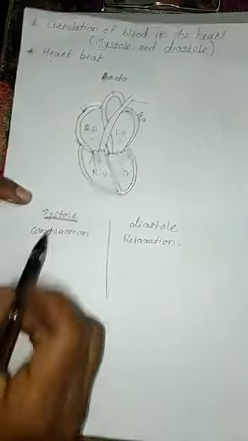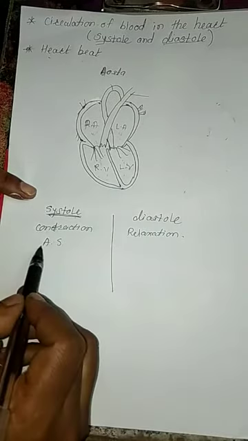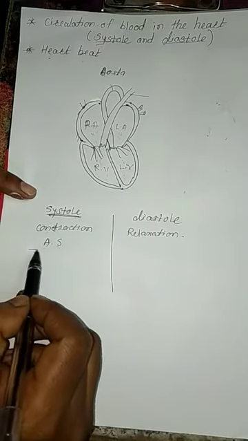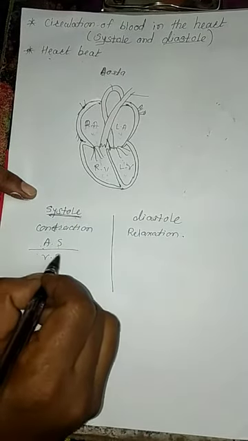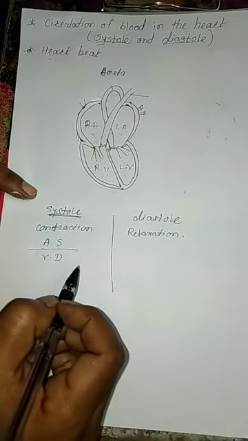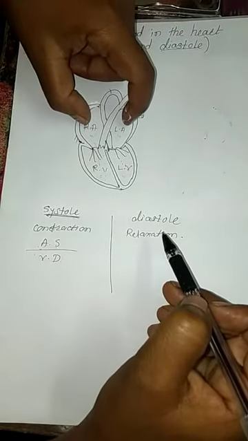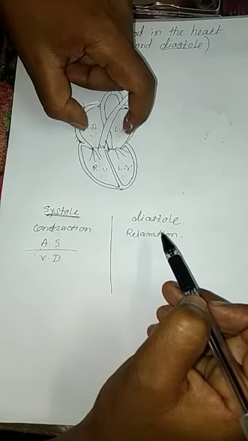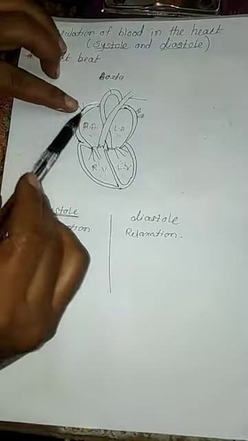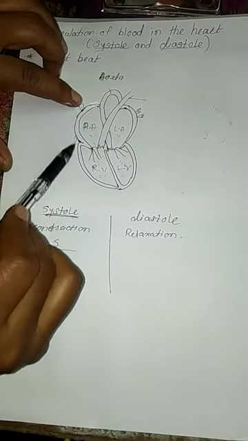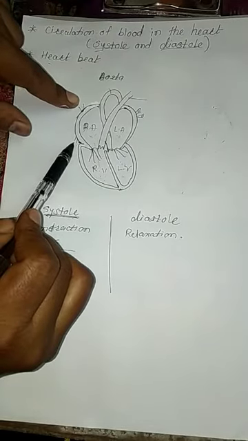Got it? When the auricle is in the systolic phase, simultaneously the ventricles are in the diastolic phase. And when the auricle is in diastole, meaning the auricle is relaxed, the ventricle is contracting. See, this is the vena cava. I will explain the superior vena cava and the inferior vena cava.